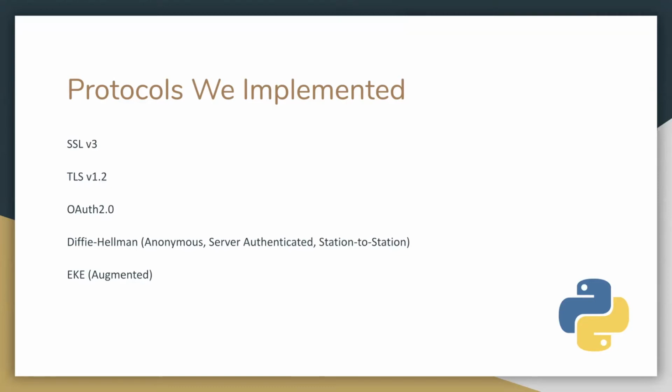And the three different variations that we compared were anonymous, which of course provides no authentication or security in the exchange; a server authenticated implementation, which uses a certificate authority signed certificate to authenticate the server; and then station to station, which uses preloaded long-term secrets at each endpoint so that the endpoints are authenticated and secured against a man-in-the-middle attack during the exchange.